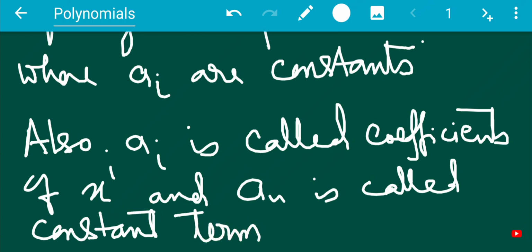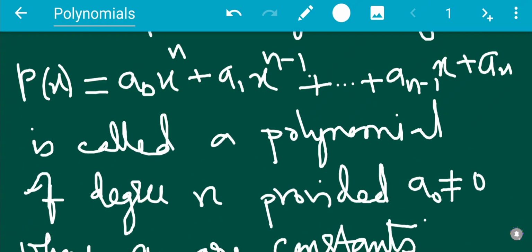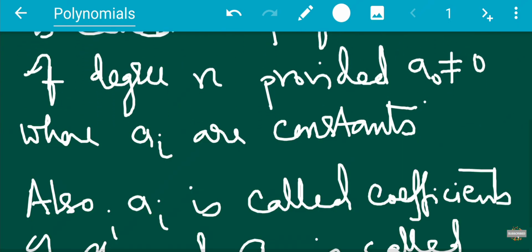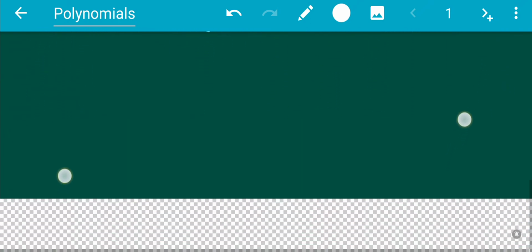So if you see the polynomial, a0, a1 to a(n-1) are coefficients of their corresponding x to the power n, x to the power n minus 1 and x respectively, and an is called the constant term. Here, this n is the degree of the polynomial provided a0 is not equal to 0.